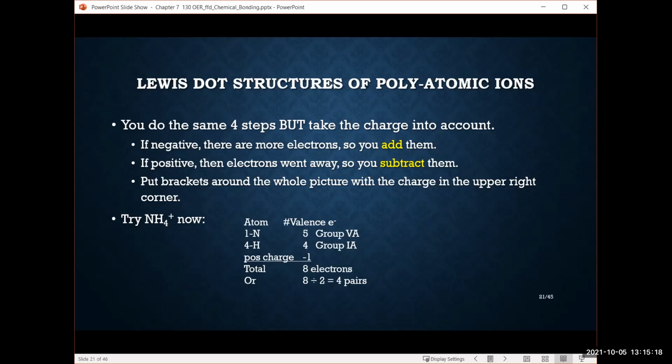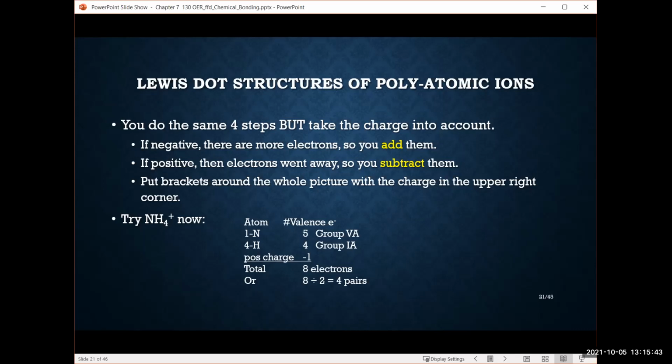In this case, we have one nitrogen, which brings in 5 valence electrons, and there's 4 hydrogens, which brings in 4. Now, if we were to forget that we have a positive ion, we may forget to subtract that 1. If we do, we end up with 9, right?